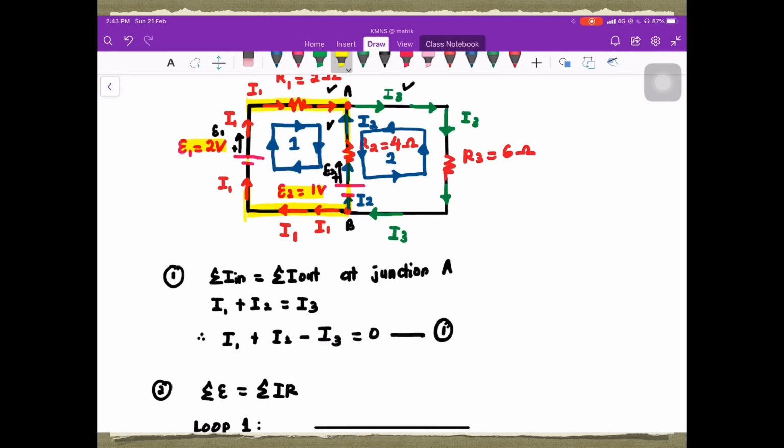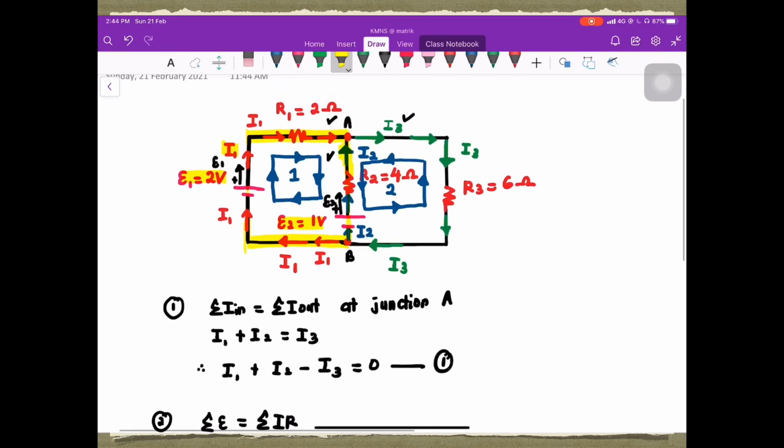Two: the red color of current I1 and the blue color I2. How many resistors for loop 1? We have R1 2 ohm and R2 here, 4 ohm.